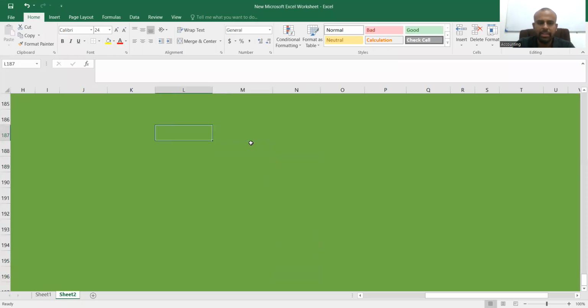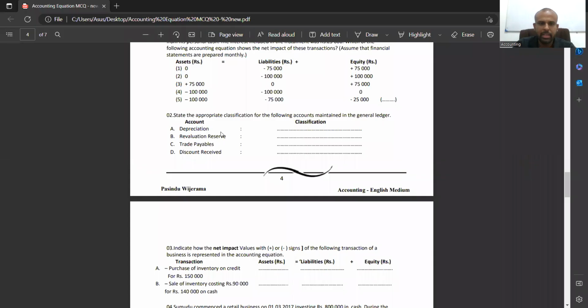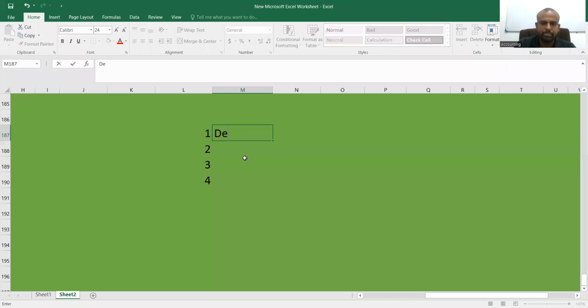They want you to classify the given ledger accounts under the relevant elements of financial statements. State the appropriate classifications of the accounts maintained in the general ledger. Depreciations. Could you tell me what it is? So the depreciations you recognize as what? Good.